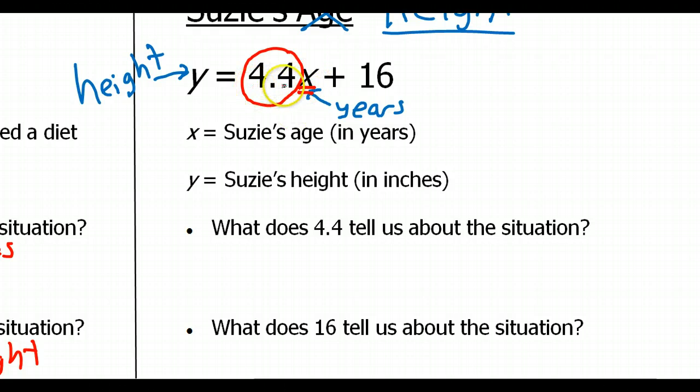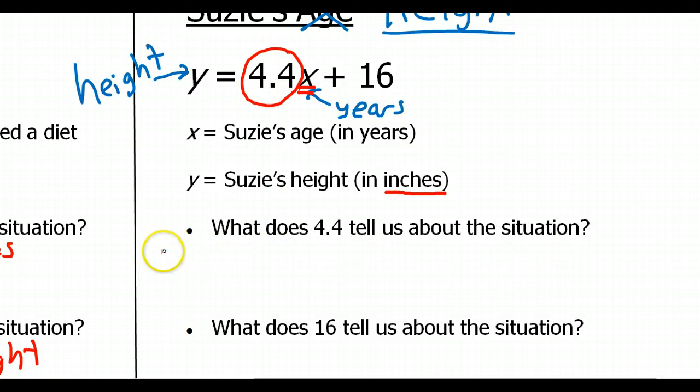So 4.4, we're talking height. What unit are we dealing with? We're dealing with inches. So this 4.4 means that Susie is growing 4.4 inches per year. X is years. So this is 4.4 inches every year.